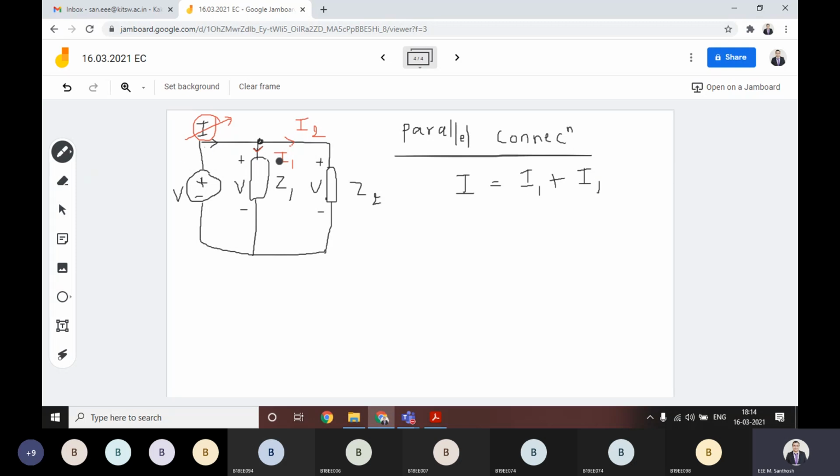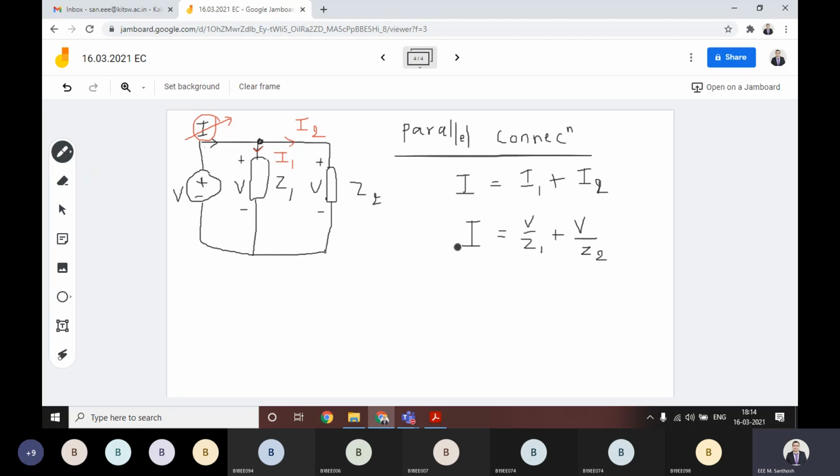If you want to calculate I1, it is V by Z1. Then I2, sorry, this is I2. I is simply V by Z1 plus V by Z2.